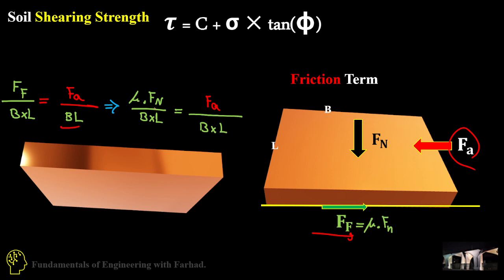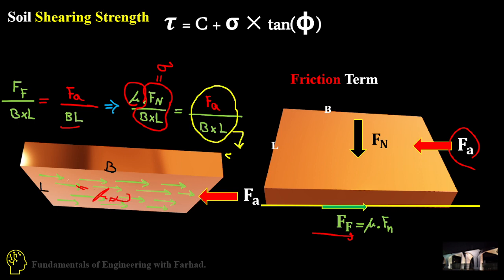If you replace it from here, it is nothing but mu times normal force. Then you can see here, Fn over BL is sigma, and mu times that sigma turns it into a horizontal stress, which is our tau2, the second component. We already observed the first component of tau, and now the second component of tau happens at the soil beneath, and that should cancel out.